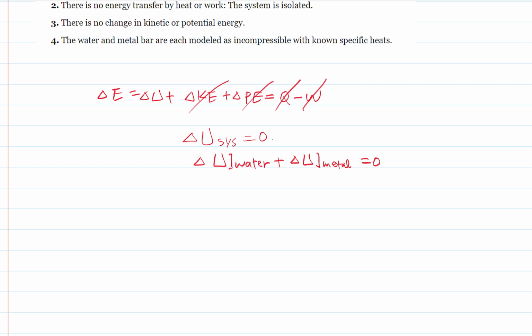For incompressible substances, the constant volume specific heat equals the constant pressure specific heat, and it is denoted by C without subscript.